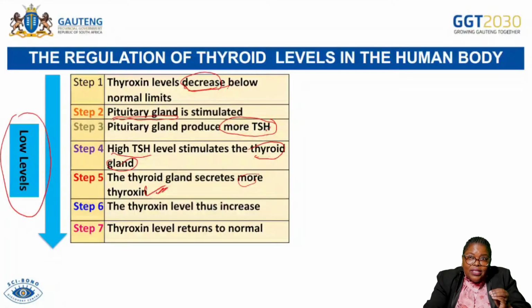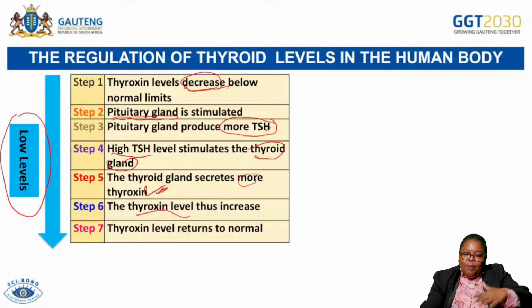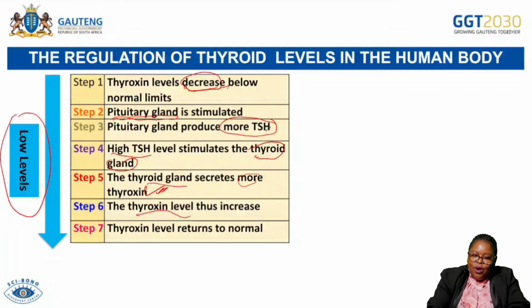Then that brings the level of thyroxine to normal. For it to come to normal, we need the thyroid gland secreting more thyroxine, so that the thyroxine level will increase and return to normal.